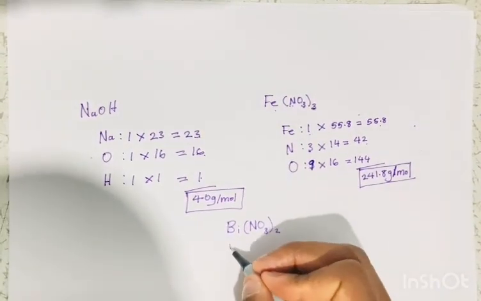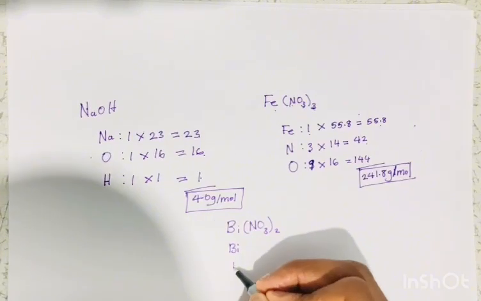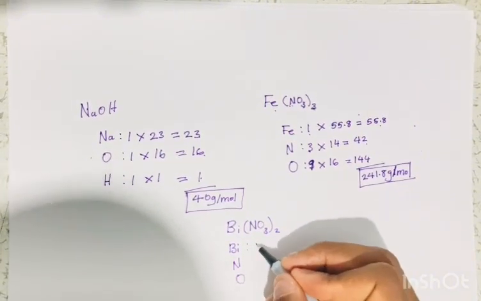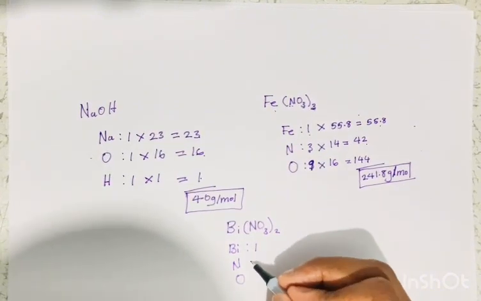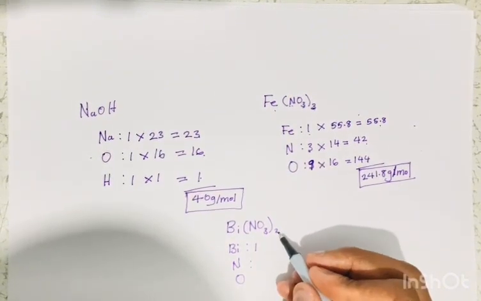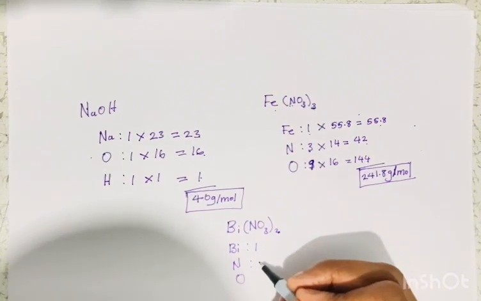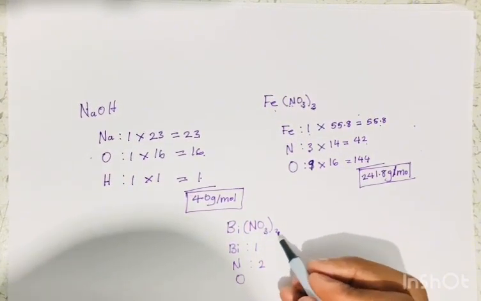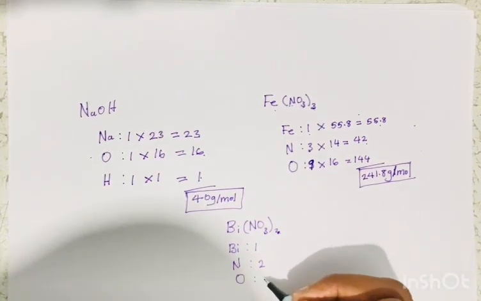So we're going to list the elements. We have Bi, we have N, and we have oxygen. Bi is 1 time, and of course this 2 affects N, so it's going to be 2 times. Of course, this 2 also affects the oxygen, so 3 times 2 is obviously 6.